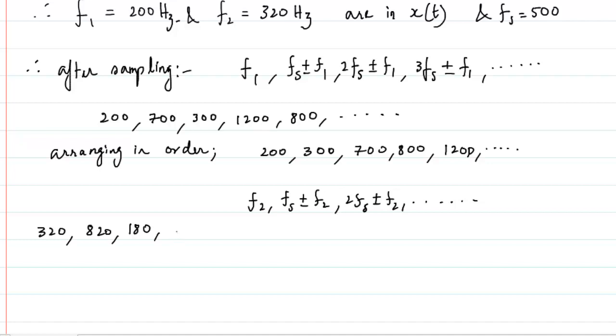Then 2fs, which is 1000, 1000 plus 320 is going to be 1320, and 1000 minus 320 is going to be 680. Like that it will go.